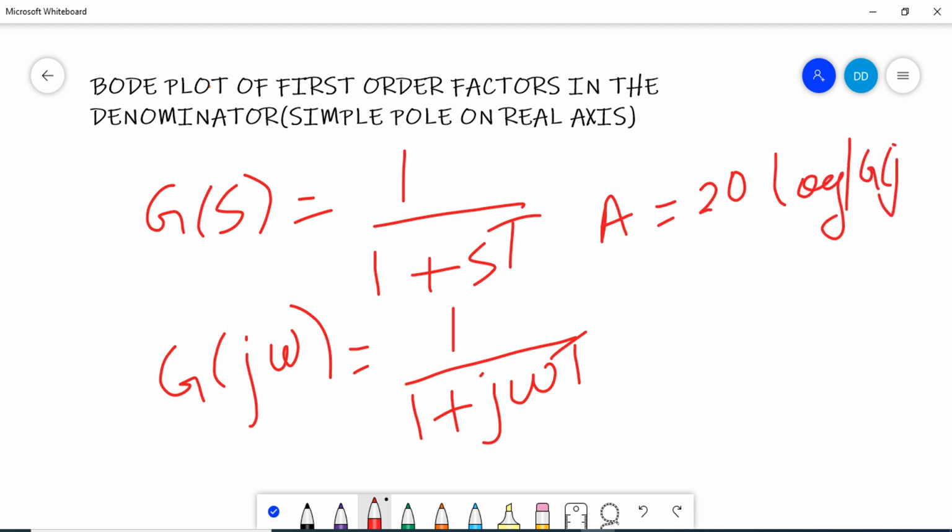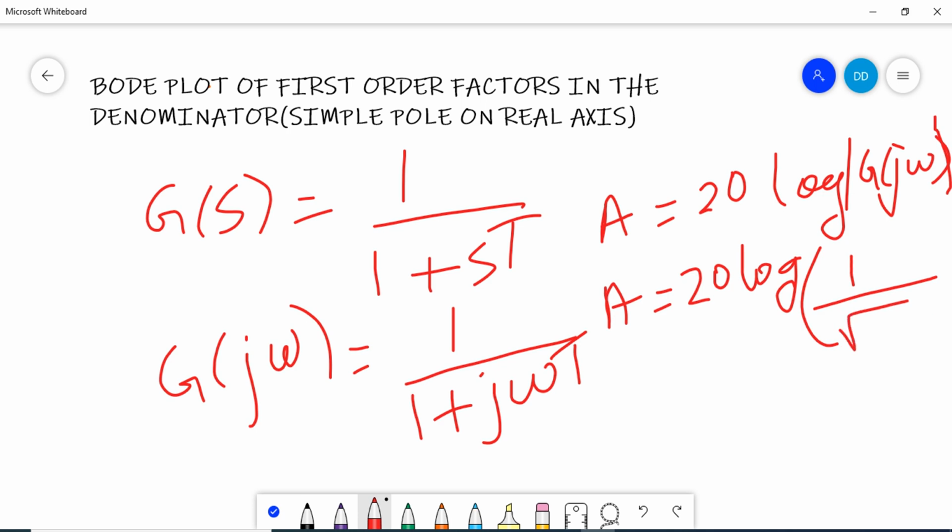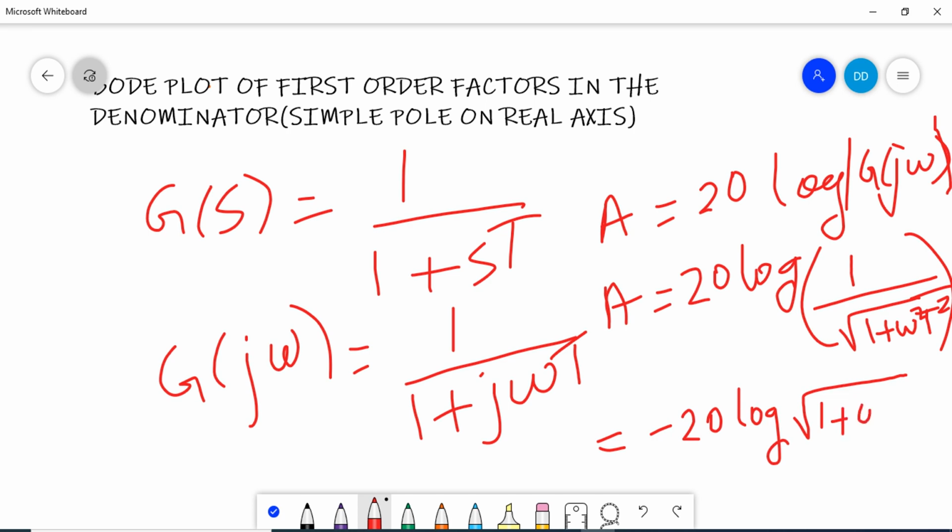So A is equal to 20 log of 1 by root of 1 plus omega square T square, or it can be written as minus 20 log root of 1 plus omega square T square in decibels.